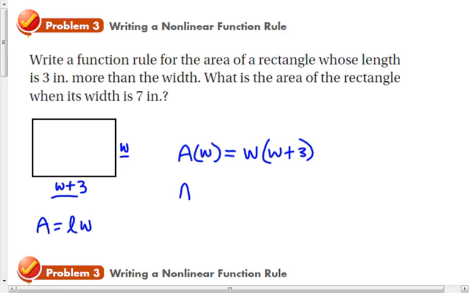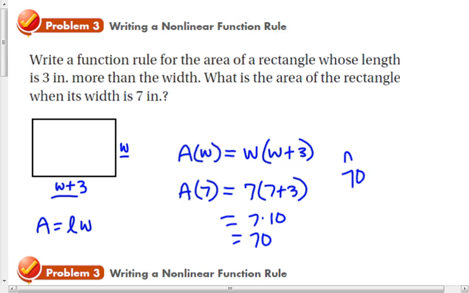So we just substitute 7 for W and evaluate that, and we get 7 times 10, which is 70. And since we're talking about the area, we better label that. The area of the rectangle is 70 square inches. All right, you try that.